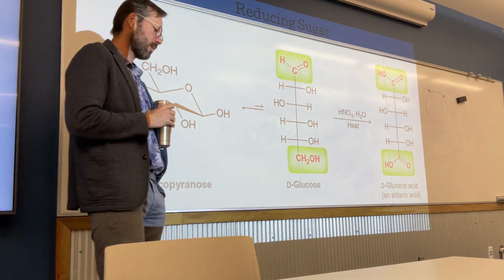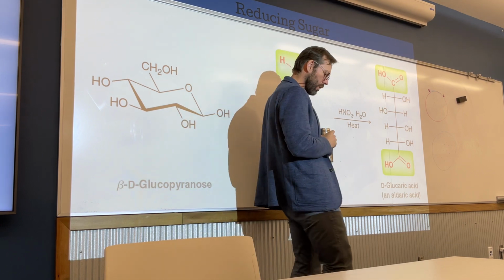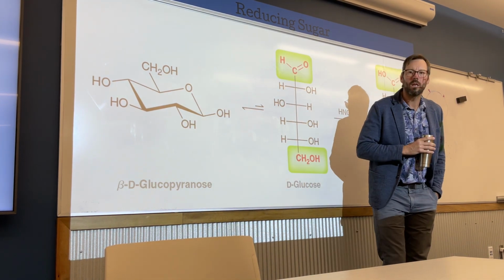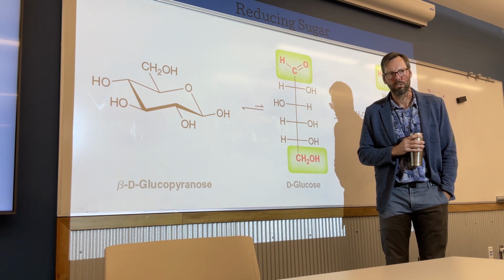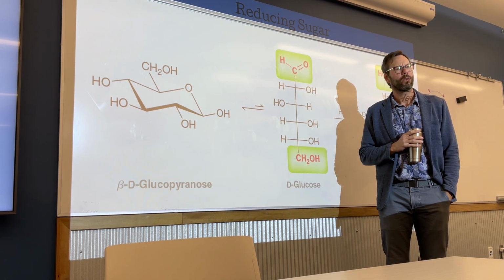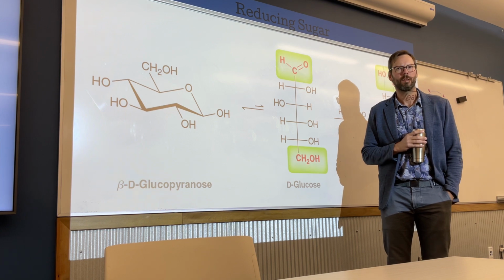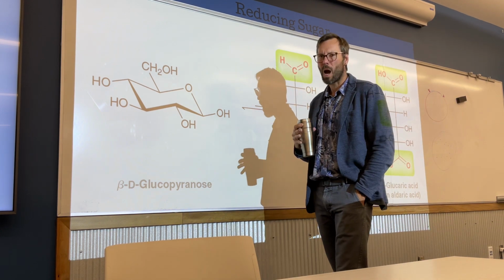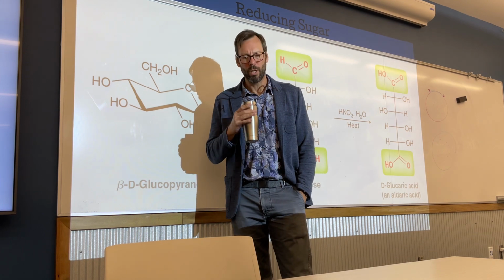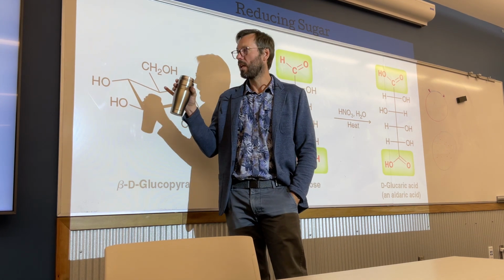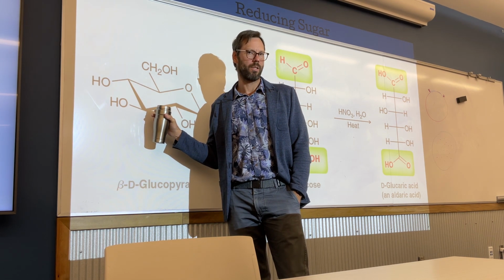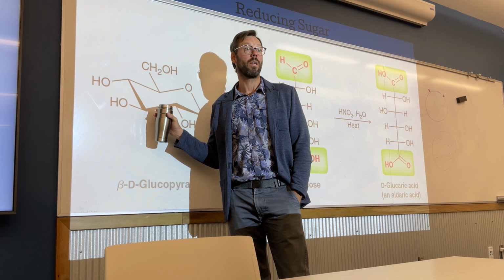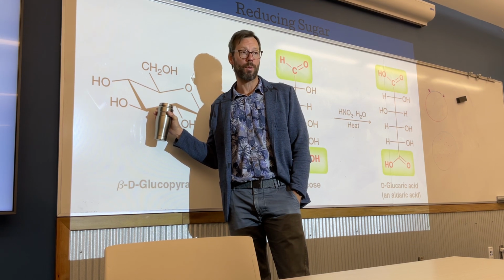And so there are tests to see if you have reducing sugars or not. You can use Benedict's solution. Have you done that? Anybody done that before? No? Okay. It's blue because it has copper ions in it. And when you put the copper ions in something that can reduce it, then it goes from Cu2+ to Cu1+, and with that comes a color change.